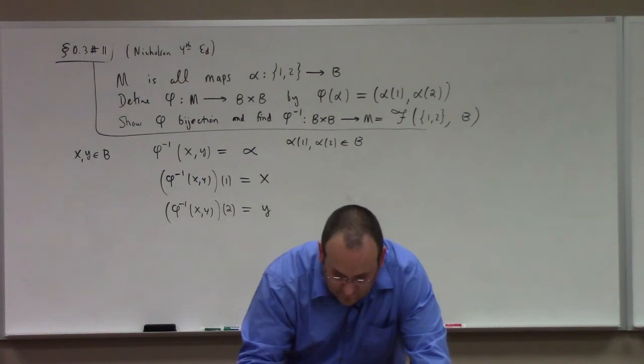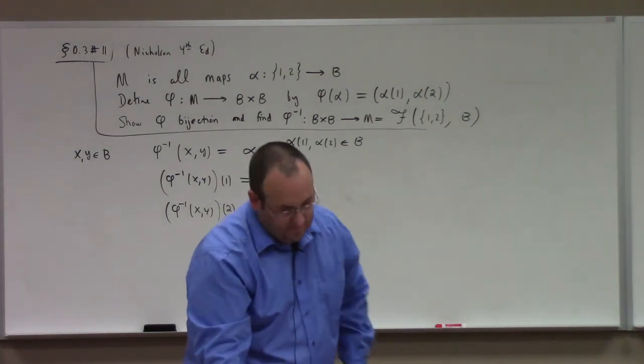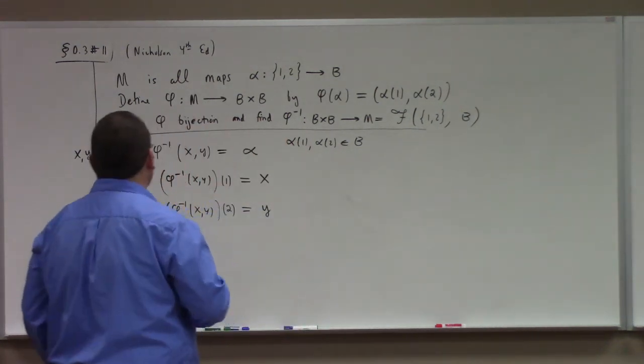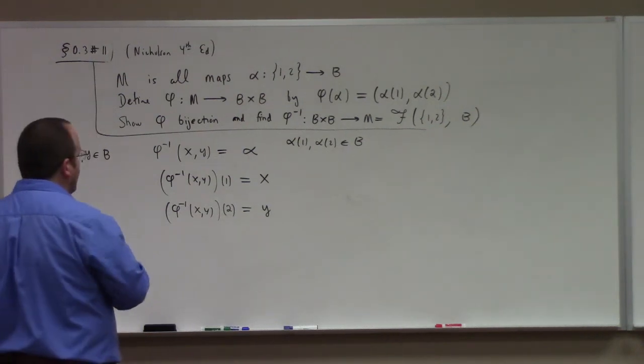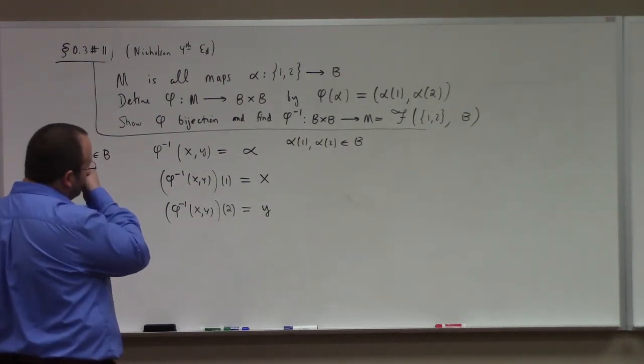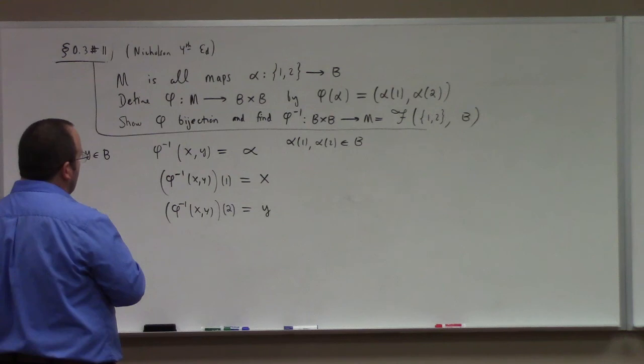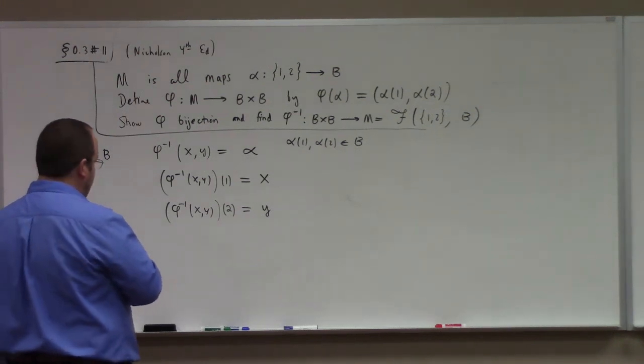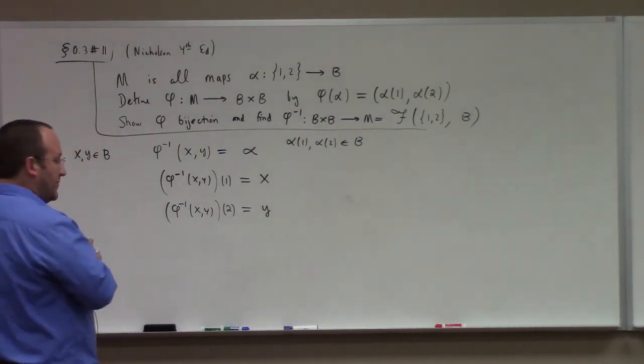The way I think about it, phi inverse is mapping backwards. So x would be alpha 1, and y would be alpha 2. That's what we're proposing.